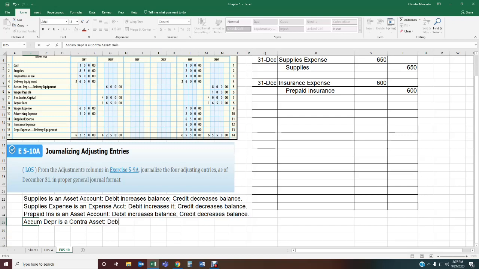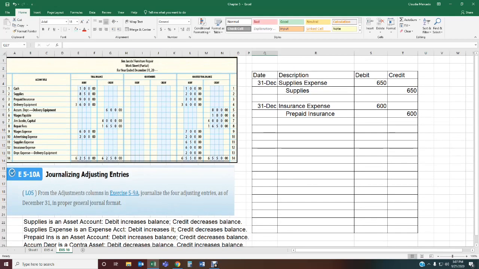A debit decreases the balance, the credit increases the balance. So what happened here? I had a credit of 600, now I have a credit of 800. So a credit increases your balance.